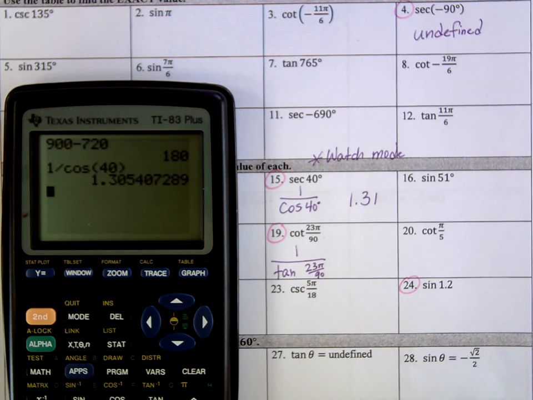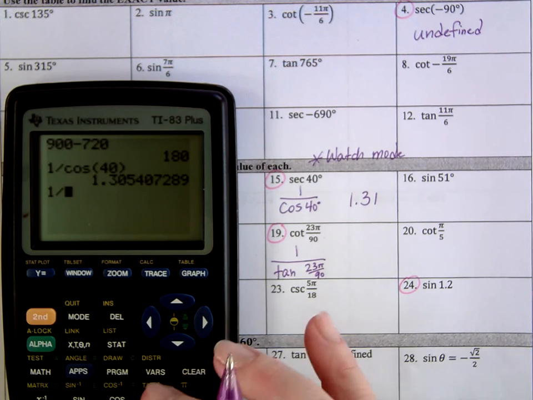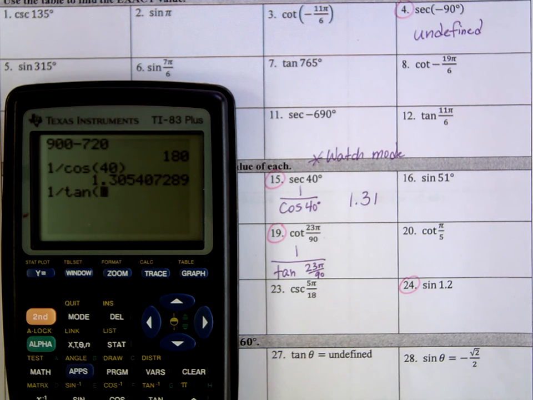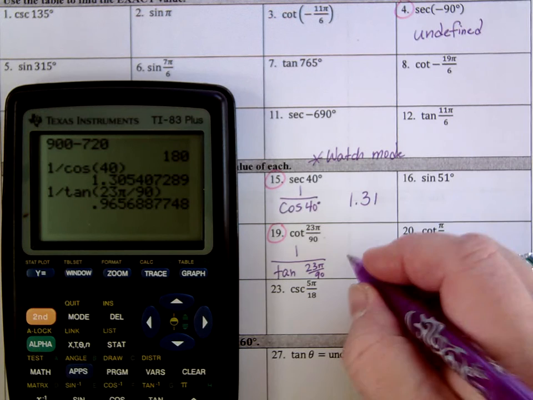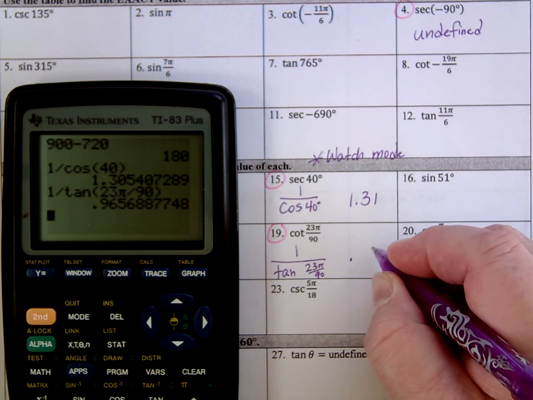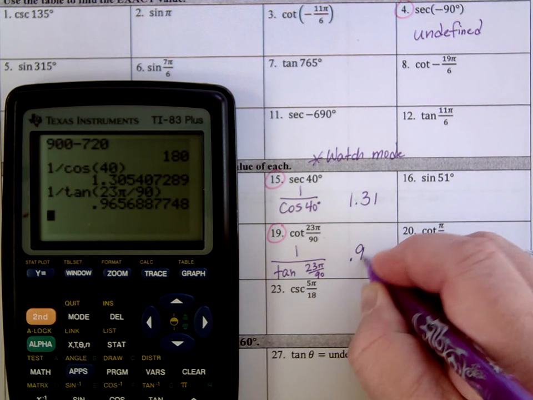Your calculator can handle that, so don't worry about it. Just take 1 divided by the tangent. You see it opens up the parentheses for you. Put in 23 pi divided by 90. Close those parentheses, and now it looks exactly like what you have over here. That's going to be your answer. So this one has an answer of 0.966.